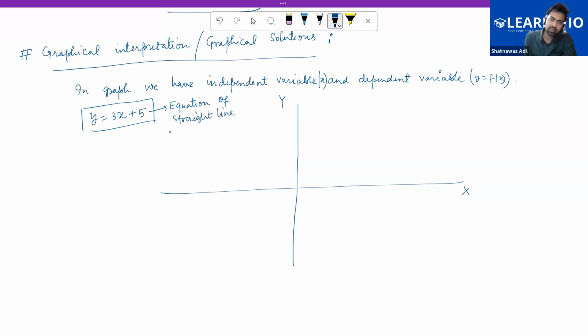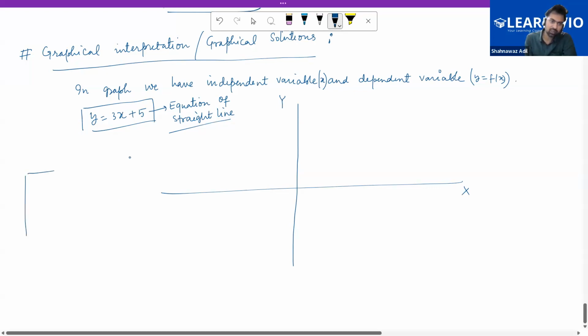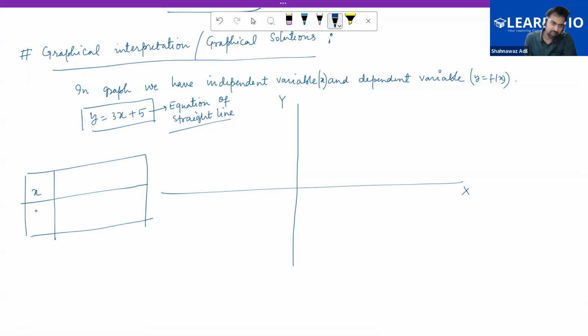How is this the equation of a straight line? Let us see that. Let us find out the different values. How do we draw the graph? We take x and then we take y.